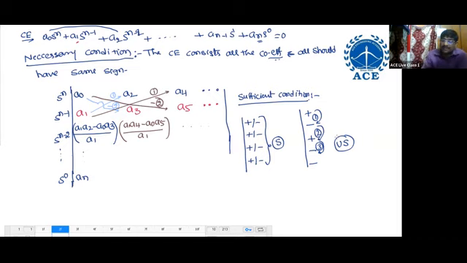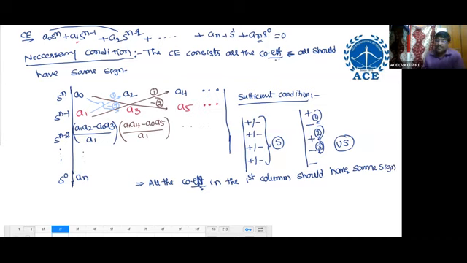So what is the condition for stability? All the coefficients in the first column should have the same sign. Same sign, and no coefficient should be 0.